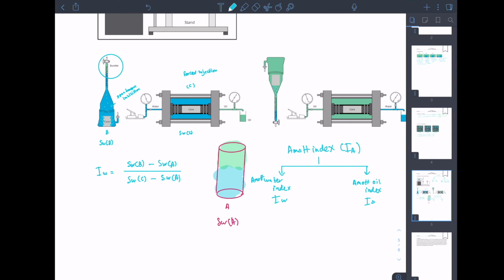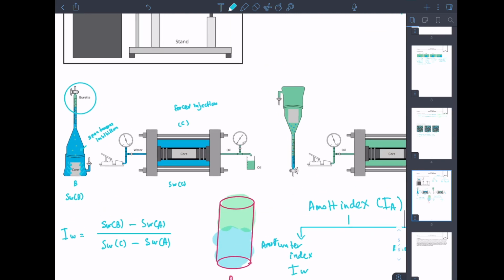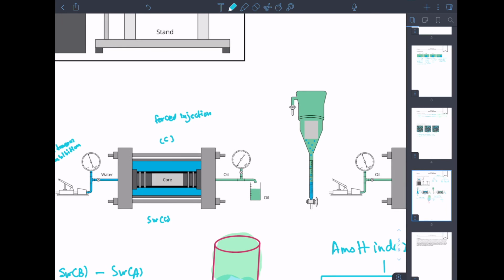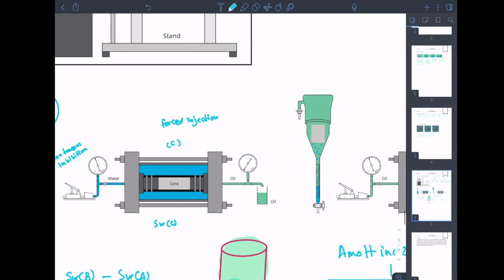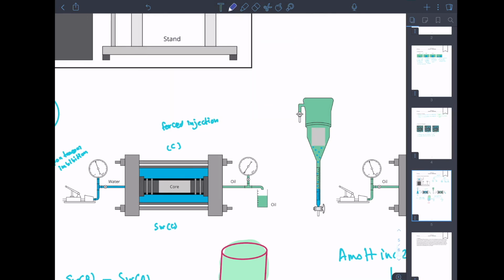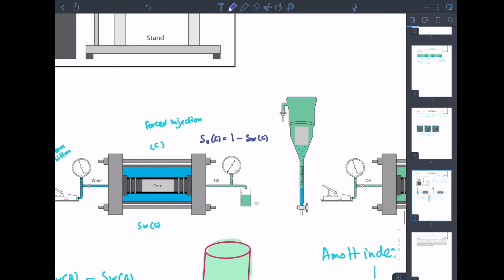We start from where we left off, SW at point C. But for the oil index, we need to analyze oil saturation instead of water saturation. So instead of SWC, we'll have SOC, and SOC equals 1 minus SWC, since we're dealing with two phases only, oil and water.